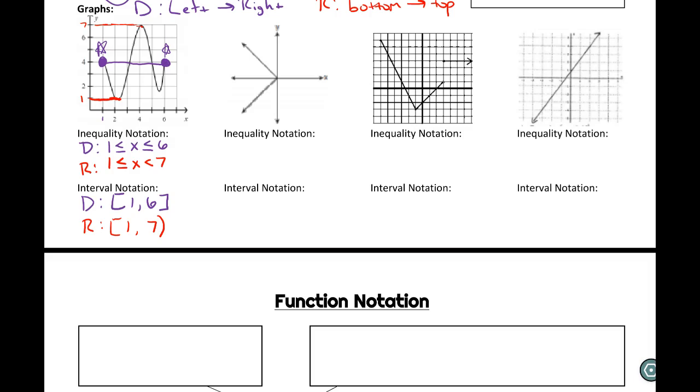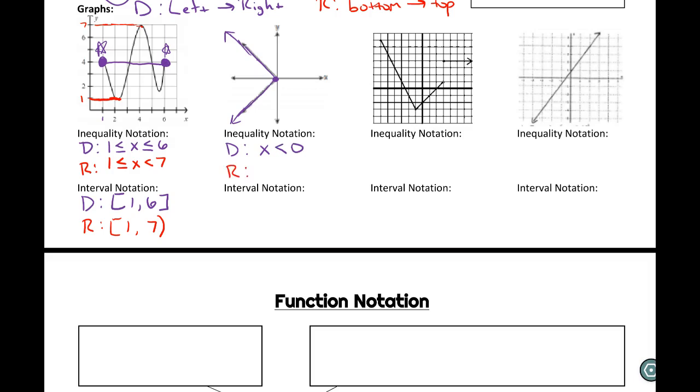Okay, let's look at another example. We've got this fun-looking sideways V, and it looks like my domain goes on forever to the left, but stops right here at 0. So I'm going to say that my domain is all the numbers that are less than 0, or x is less than 0.